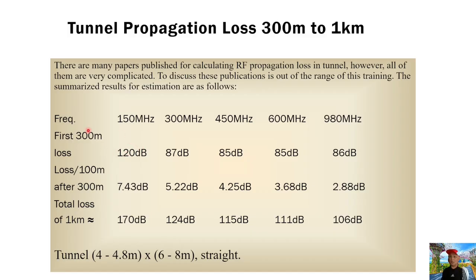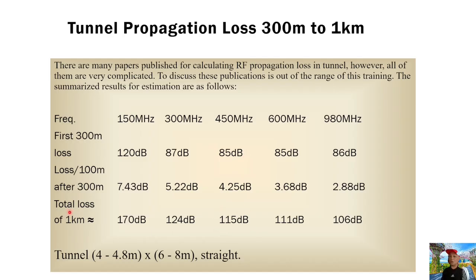So for 300 meters at 150 megahertz radio frequency, the loss is 120 dB, quite high. And then for a 450 megahertz RF signal, the first 300 meters loss is 85 dB. After 300 meters, the loss per 100 meters is 4.2 dB for a 450 megahertz RF signal.